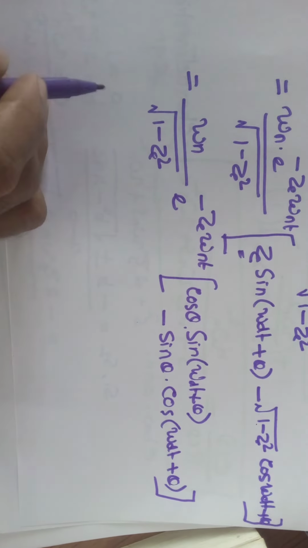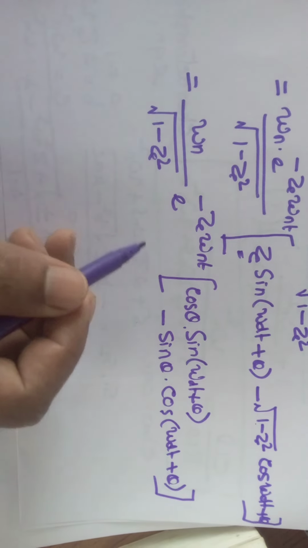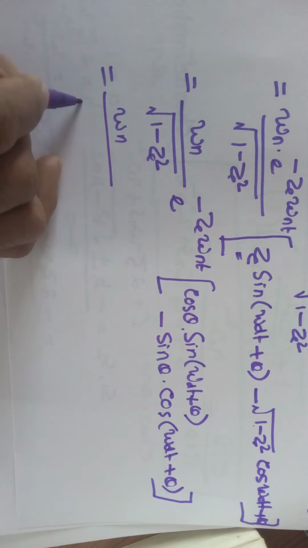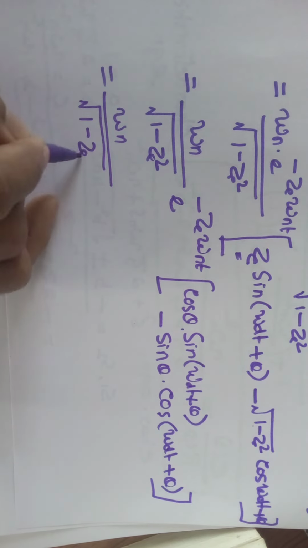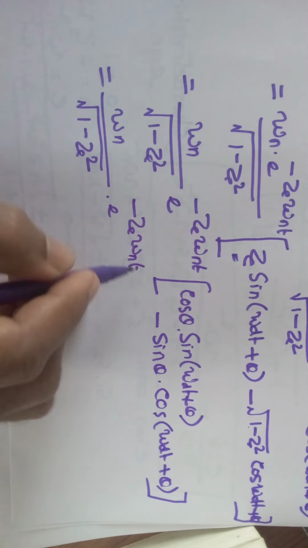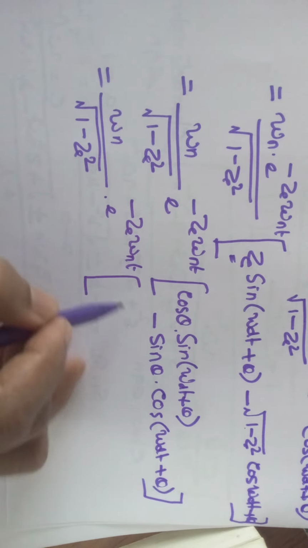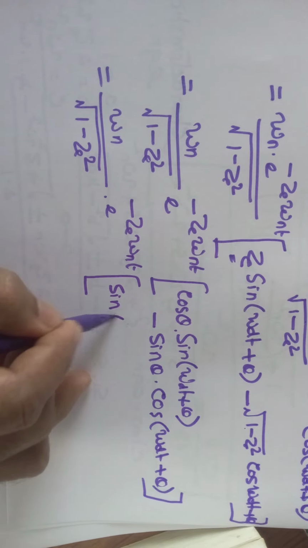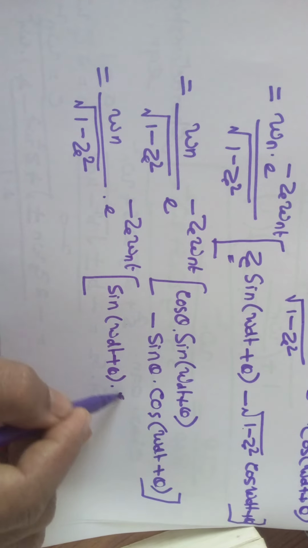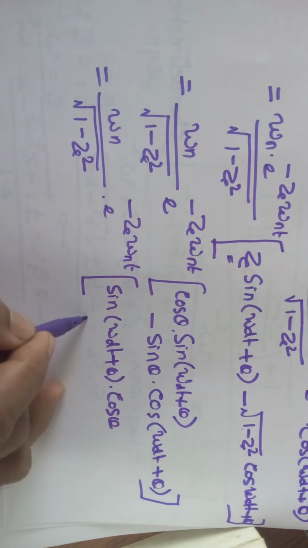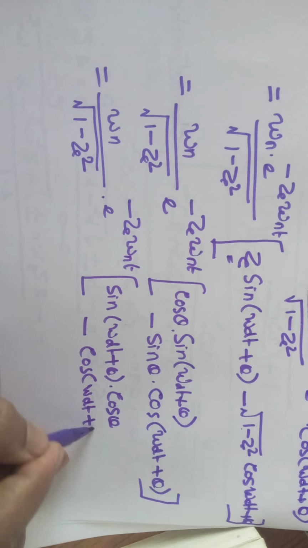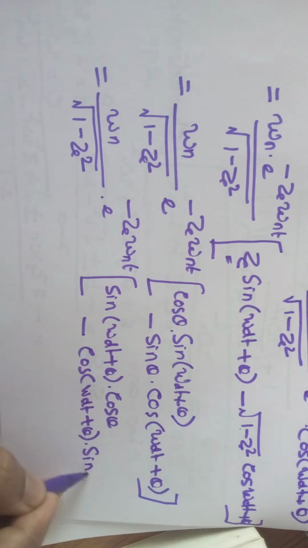So in the next step we can simplify this further, right? We can rearrange this as omega n divided by square root of 1 minus zeta square into e power minus zeta omega n into t into sin of omega d t plus theta into cos theta minus cos of omega d t plus theta into sin theta.